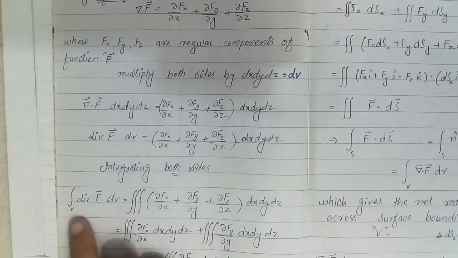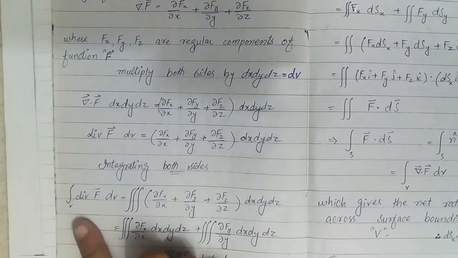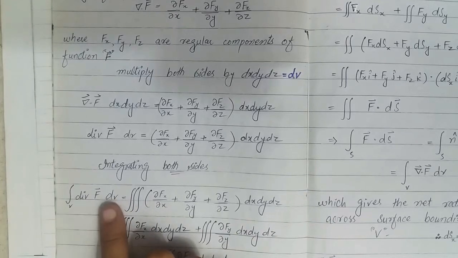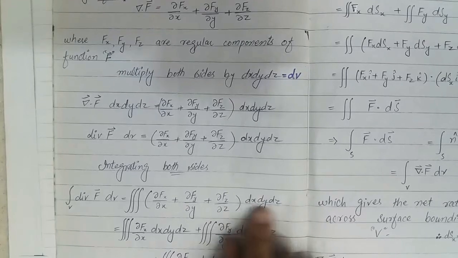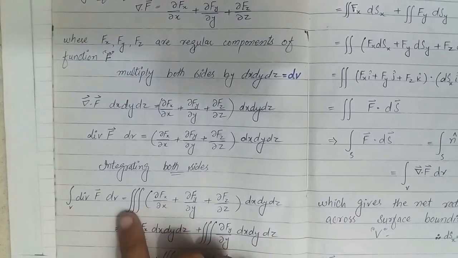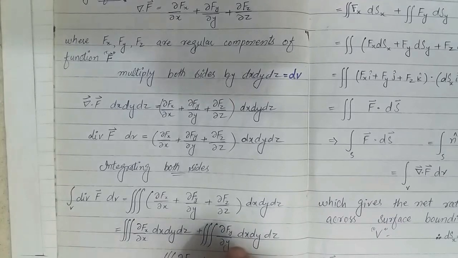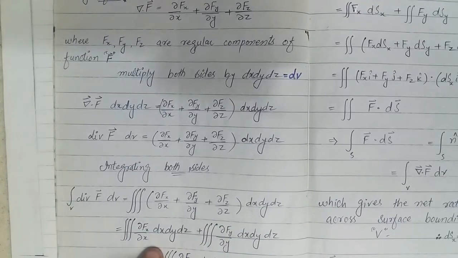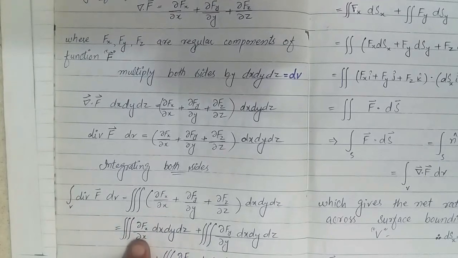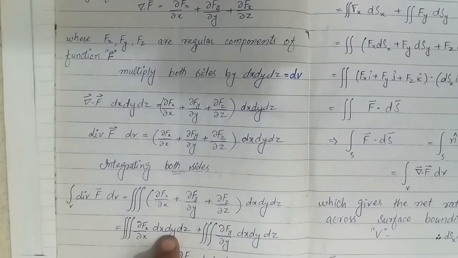So this can be written, by applying the integral on both sides: the left hand side contains one integral with volume dV, and on the right hand side the volume is divided into its three components, so there are three integrals. Now we will separate the triple integral into x component, y component and z component. As this is the first integral with the partial derivative with respect to x, we will separate out one integral with partial Fx over partial x dx and two integrals with dy dz.